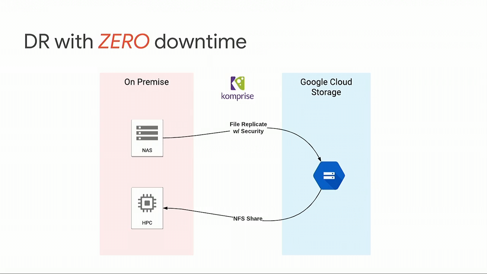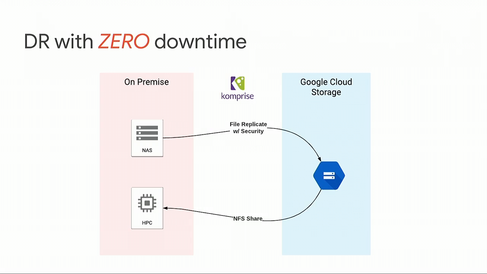More specifically, it preserved all security file attributes. And even more specifically, it preserved NFS v4 security file attributes. We came to learn that NFS v4 is not highly supported, but it was critical to our solution.